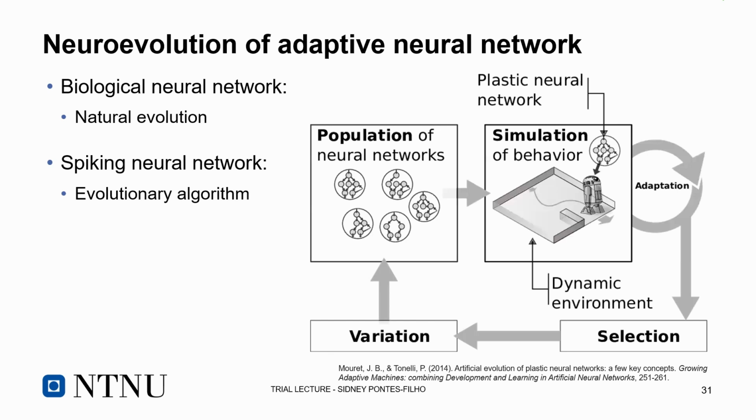And we're going to have a selection of the best neural networks that perform the task that the robot is performing. We select some parents, some individuals, to perform some variation and then produce a new generation of neural networks that's going to be tested again in this outer loop, all of them also having the inner loop of learning or adaptation. And this is neuroevolution, evolving neural networks with adaptive neural networks.